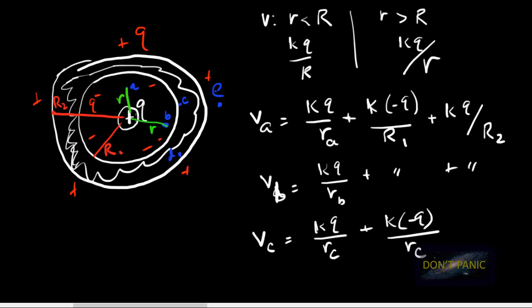Okay, and rC is being measured from the center to C. Okay, so now we use little r because you're outside this shell, and then plus kq over R2.